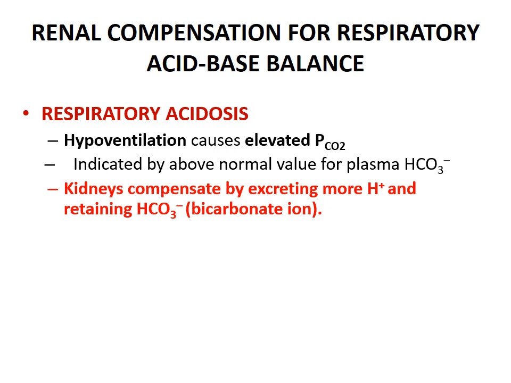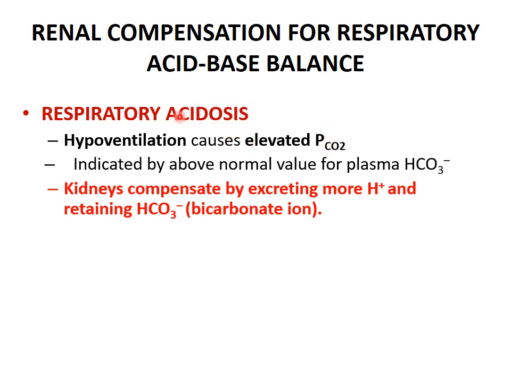Respiratory acidosis. Hypoventilation causes elevated PCO2, indicated by an above normal value of plasma HCO3 minus, that is bicarbonate. Kidney will compensate by excreting excess H ions, because here the case is acidosis, right?